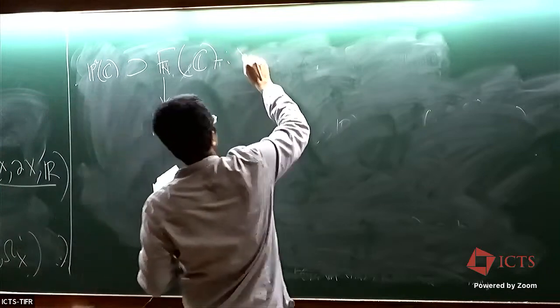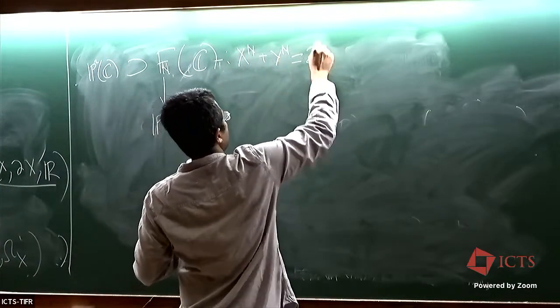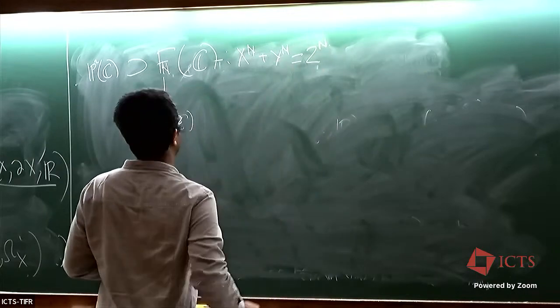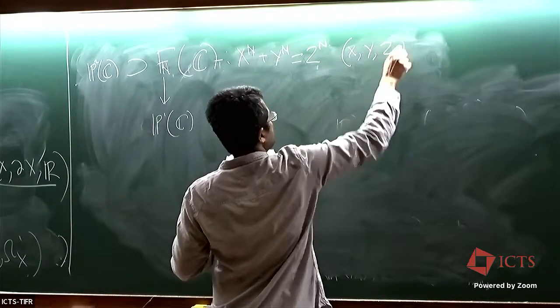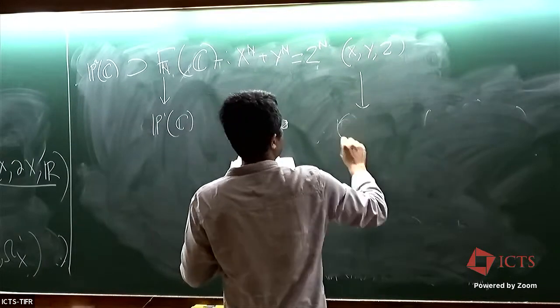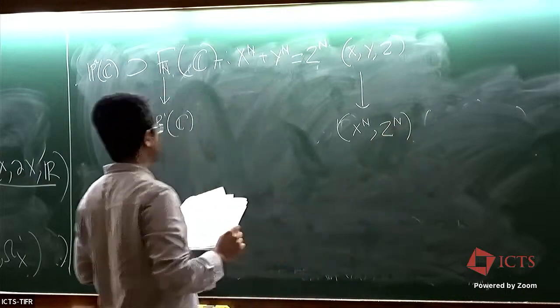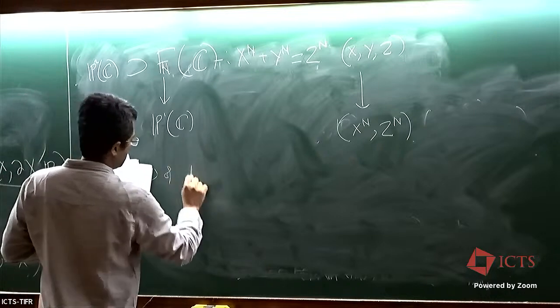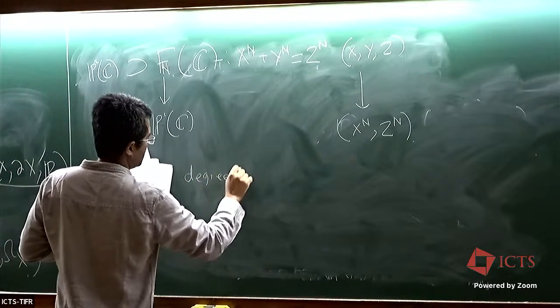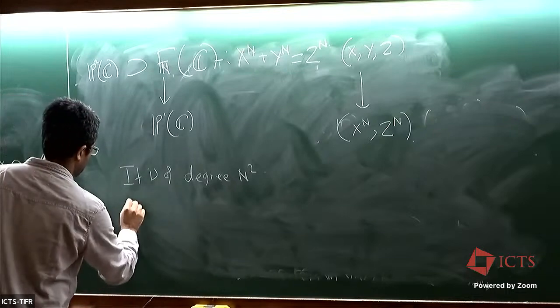This curve is given by x to the power n, and the map here is given by x to n. So it is of degree n square. So these are ramified, the ramification points.